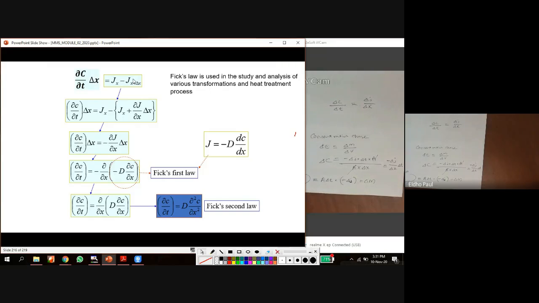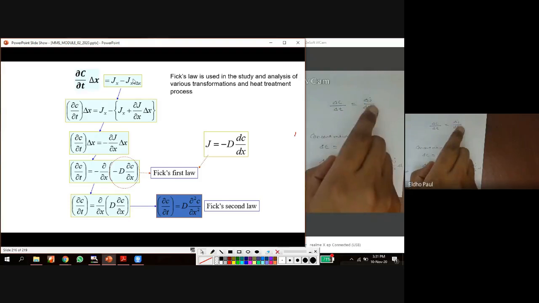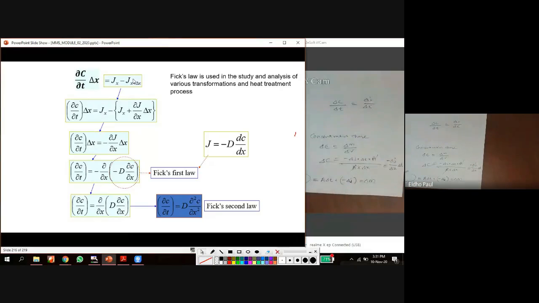And here, what is this? The average change in concentration for a time interval of delta t is equal to the rate of change of flux with respect to the x coordinate.